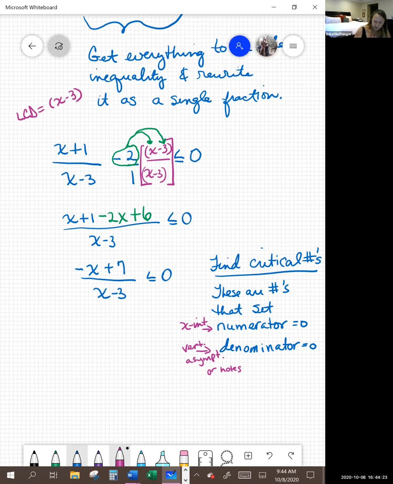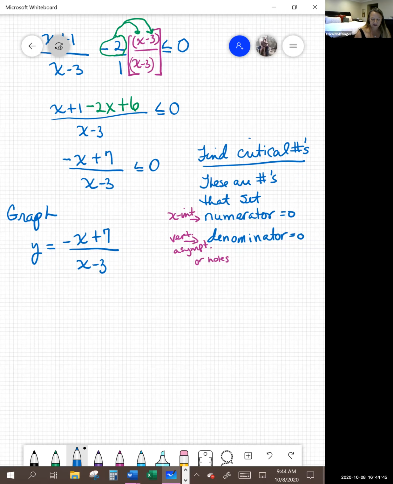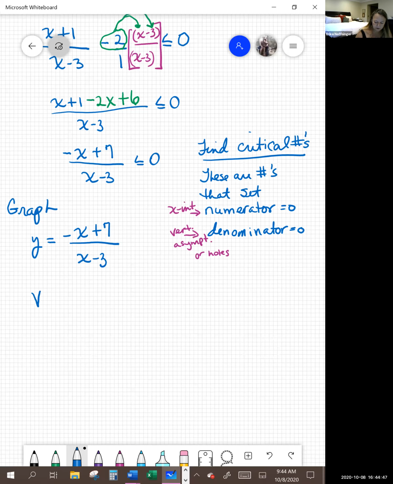For us though, let's graph, so we can get practice on graphing. Let's graph y equals this rational function, negative x plus 7 all over x minus 3. So I noticed that we have a vertical asymptote: the value that sets my denominator equal to 0 is 3, and that doesn't set my numerator equal to 0.